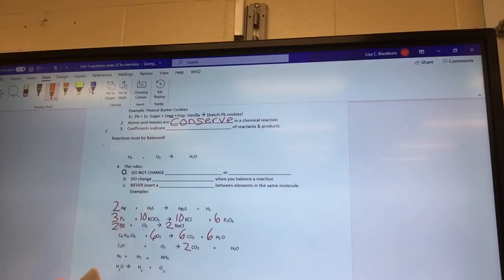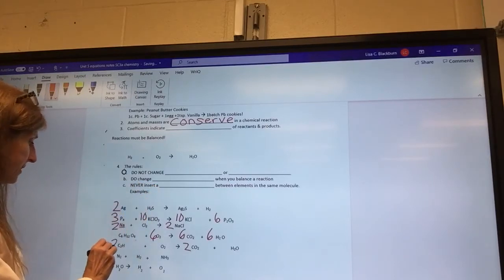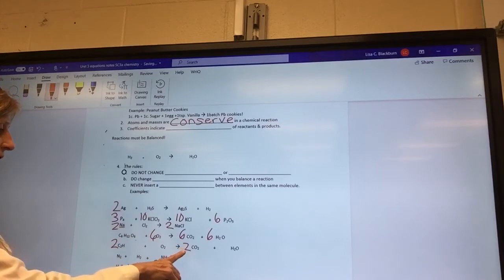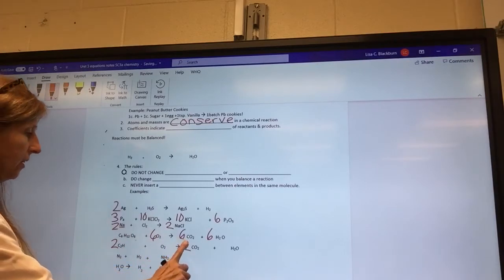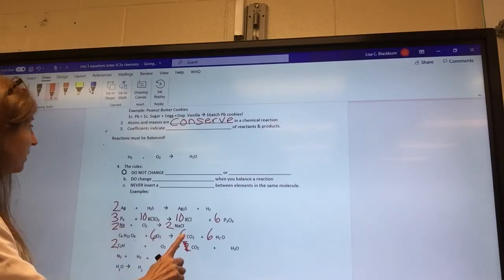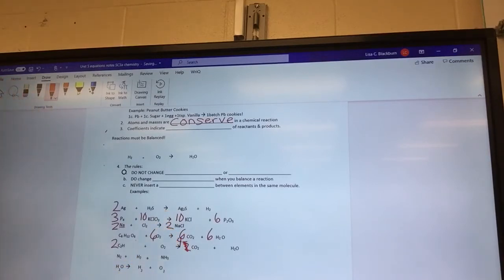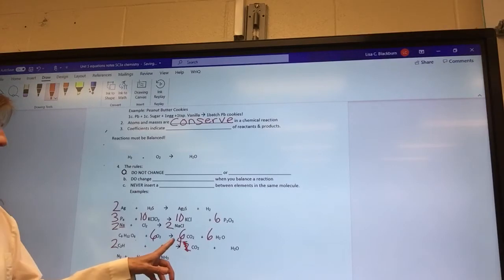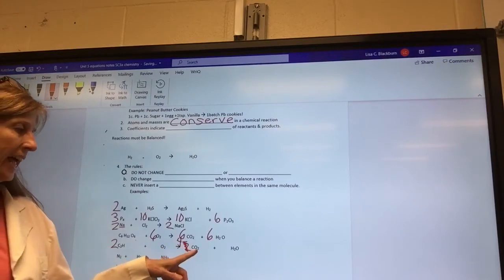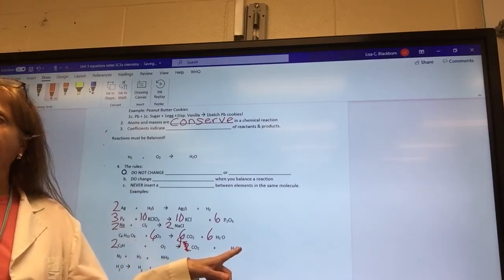A 2. So that messed up. So now I need to go back and change this one to what? 4. I'm going to just mark it out instead of trying to erase it. So now that one's 4. Now let's look at our oxygens. I have 4 times 2, which is 8, plus 1 is 9.